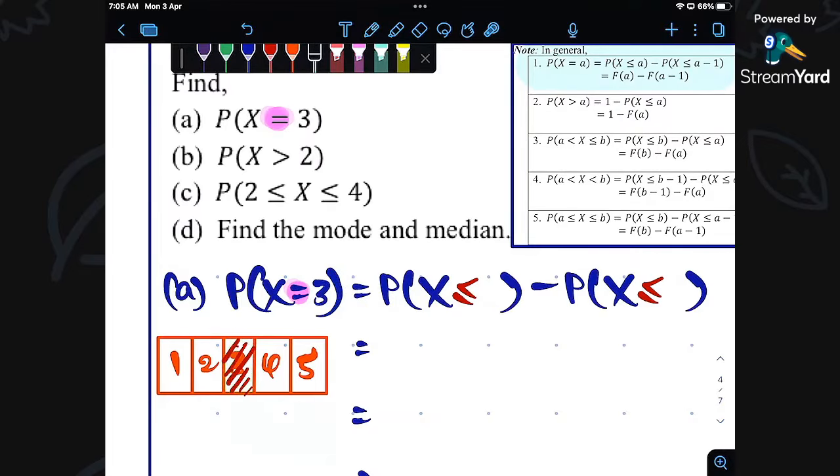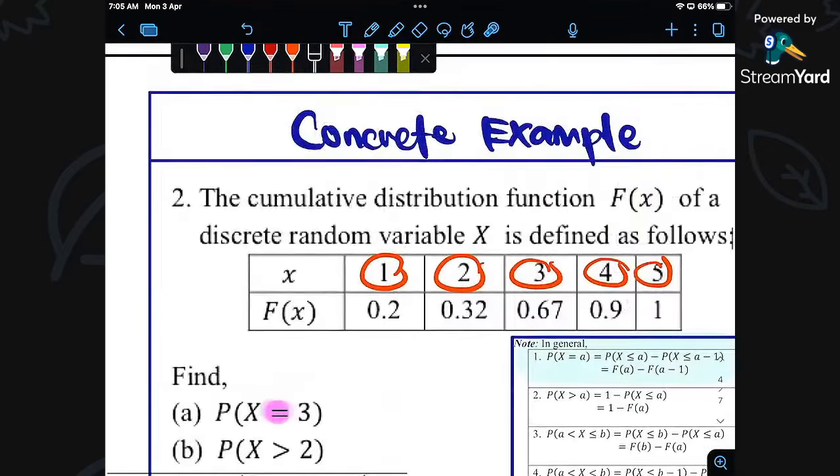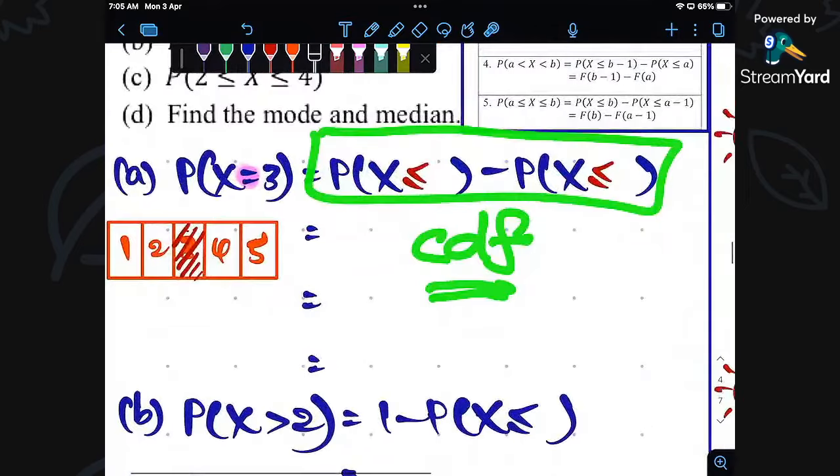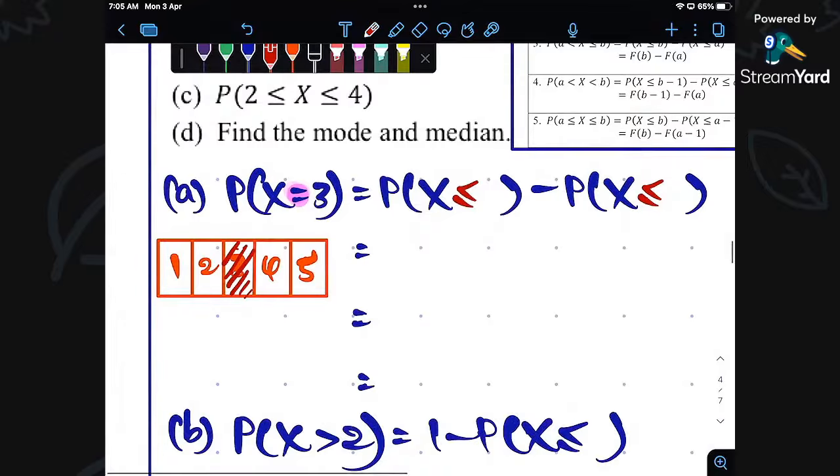So in order to apply this CDF, since the question is CDF, we have to apply it. We cannot run away from this symbol, so we have to use this symbol and its way of shading. The shading is very easy if you use these boxes. If you use these boxes, it will help you a lot. It's actually just moving this 3 to the left.